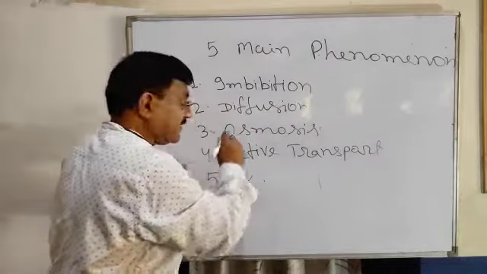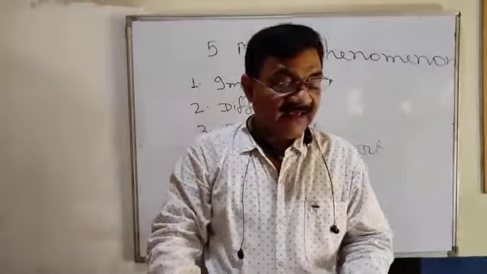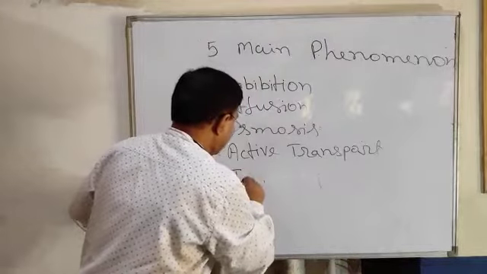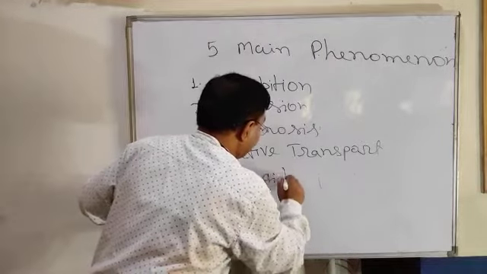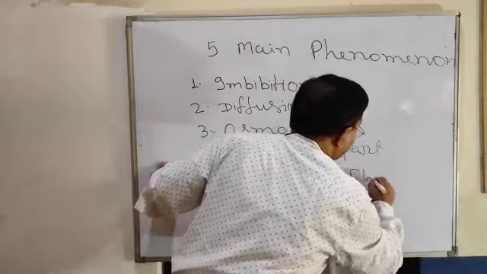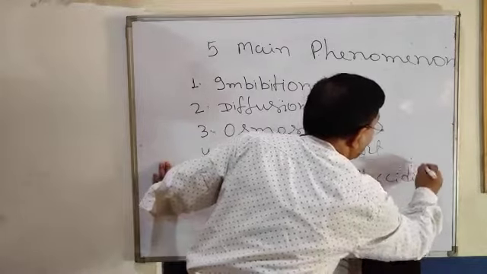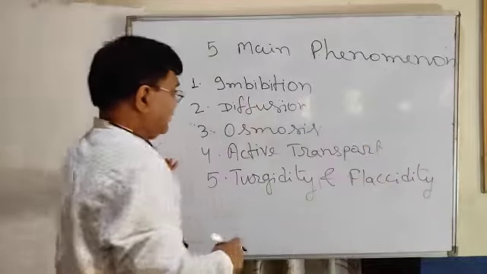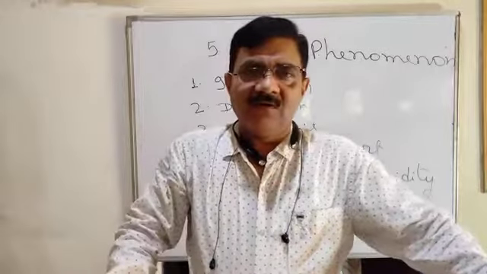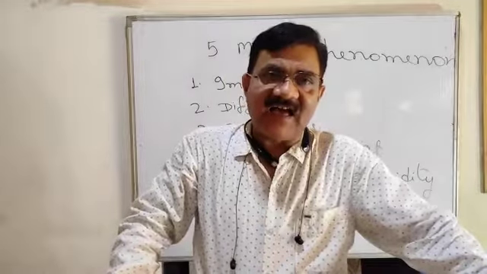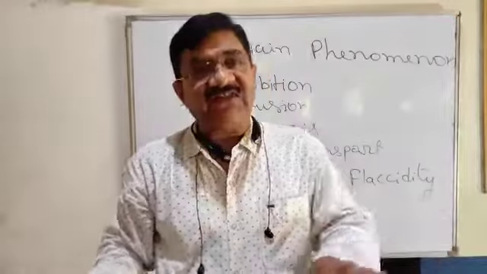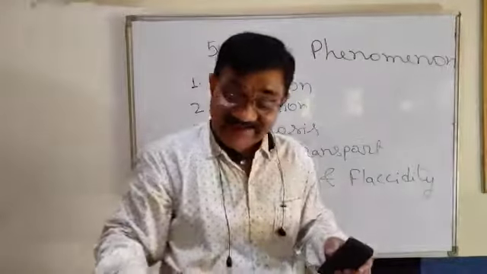And fifth and the last which we have to discuss is turgidity and flaccidity. Dear children, these are the 5 main phenomena by which water is absorbed by the roots. So let us discuss each and every phenomenon in detail.